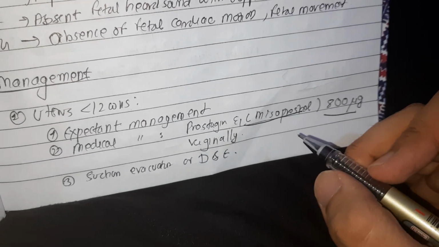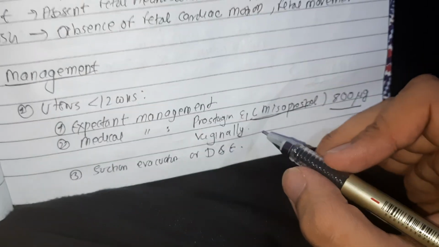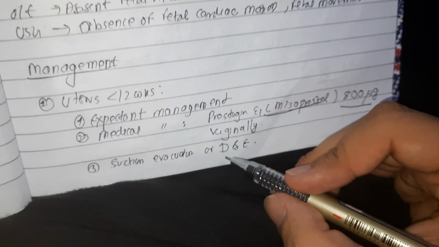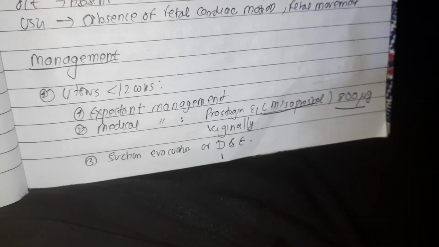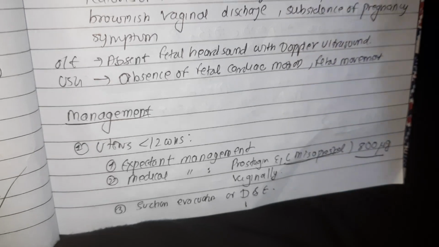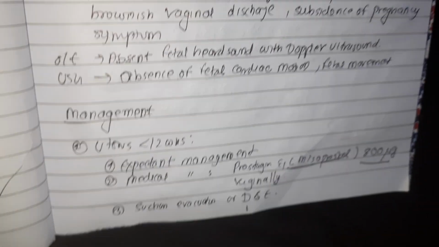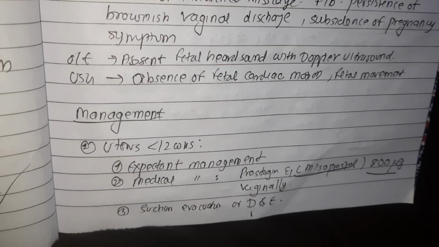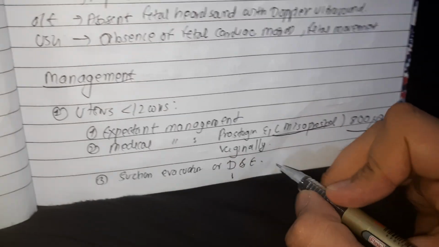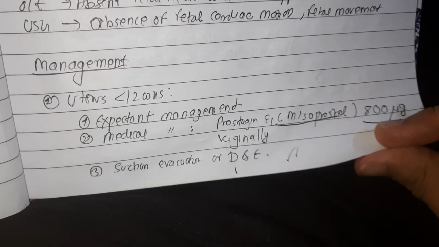Expulsion usually occurs within 48 hours. Also, suction evacuation or dilatation and evacuation is done either as a definitive treatment or when the medical method fails. The risk of damage to the uterine walls and brisk hemorrhage during the operation should be kept in mind if we follow the suction evacuation method.